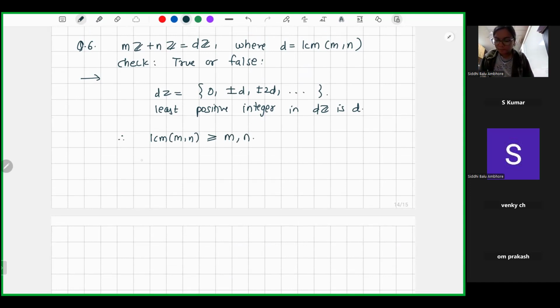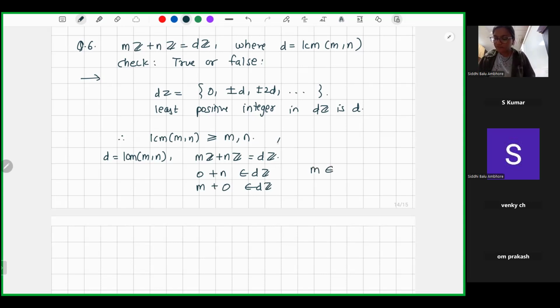But when I said that mZ plus nZ is generated by dZ, where d is the LCM of m comma n, then note that 0 plus n belongs to dZ, and m plus 0 belongs to dZ.